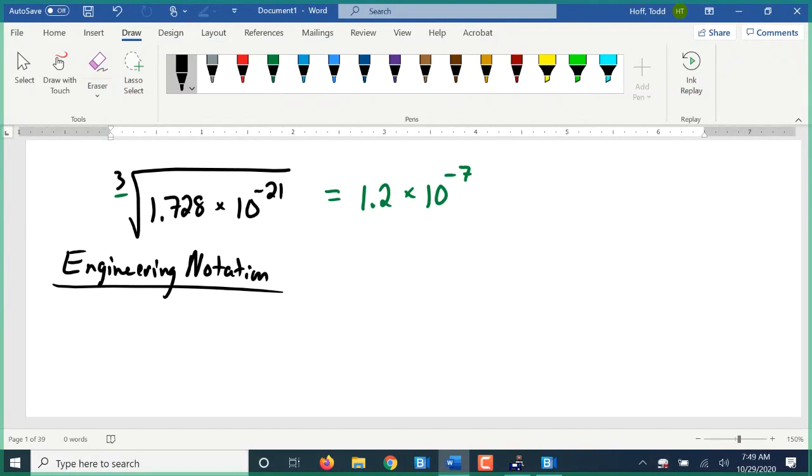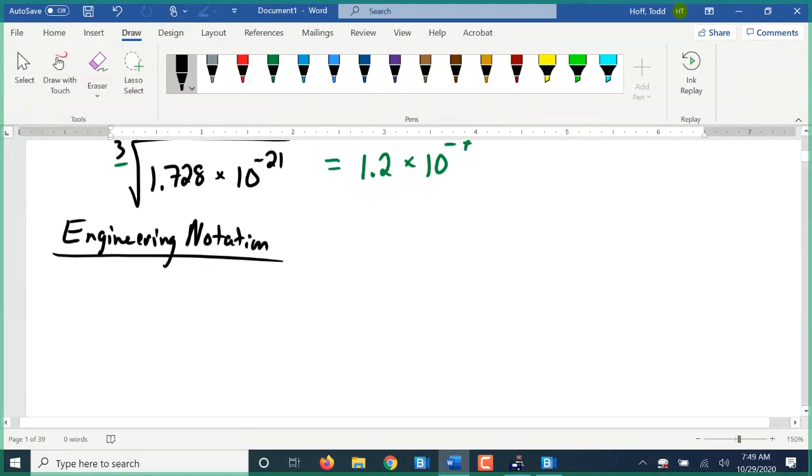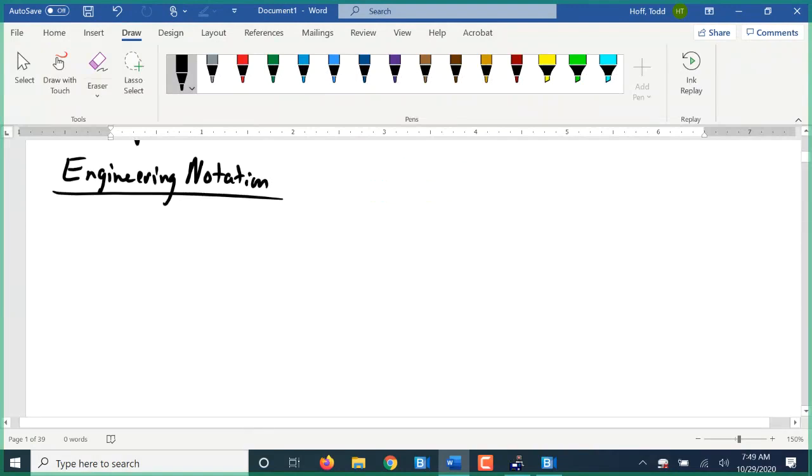Let's talk just briefly about engineering notation. One of our main formulas in electricity is voltage equals current times resistance.